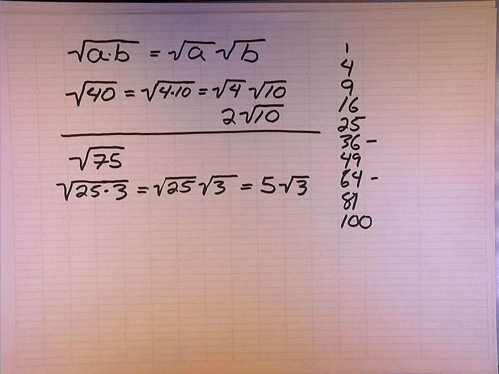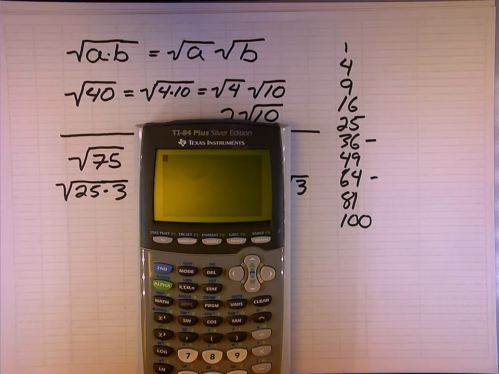Now, if we pull out a calculator and you plug in the square root of 75 into your calculator, not exactly sure how well this will show up on the screen today. Let's see what we have. That doesn't look too bad. If I take the square root of 75 and hit enter, I get 8.66025403 as a decimal approximation.